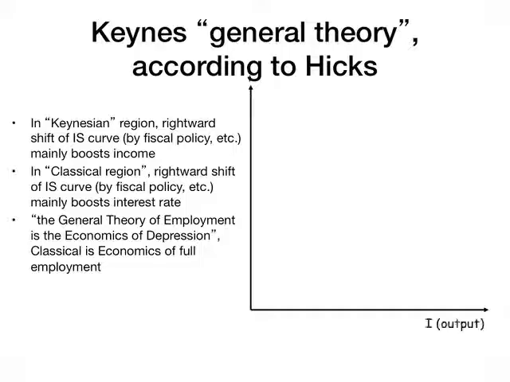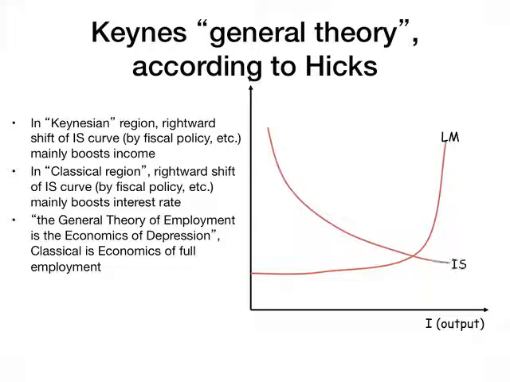Okay? And that's what gives you this LM curve, which looks a bit like this, and an IS curve, which looks a bit like this. Okay? So would you all please write this one down as well? And hopefully you'll see the difference between the IS curve that maybe Keynes would have drawn and the LM curve as Hicks drew it in his piece.